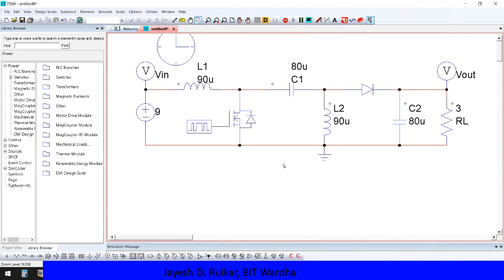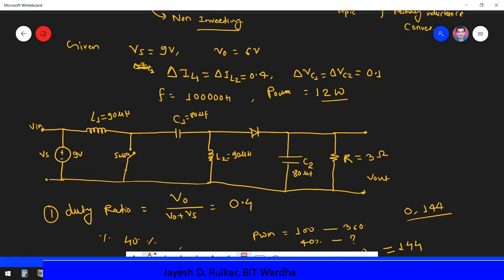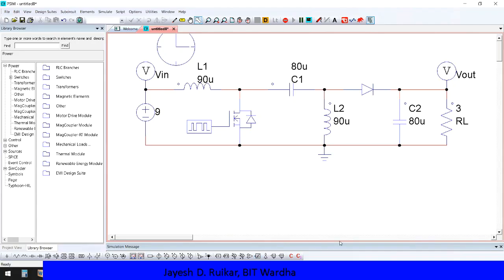Okay, so now it is running. We'll get the output curve, that is V out, that is 6 volt in this case. It's running, it will take some time. Maybe you can read here.